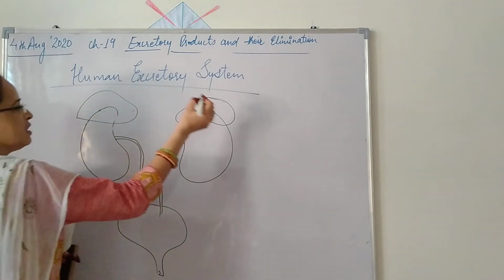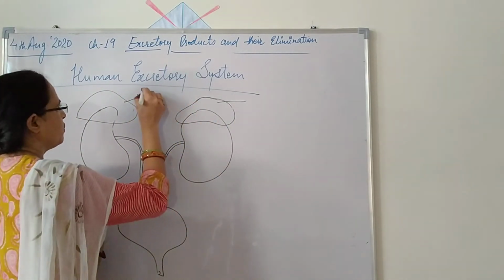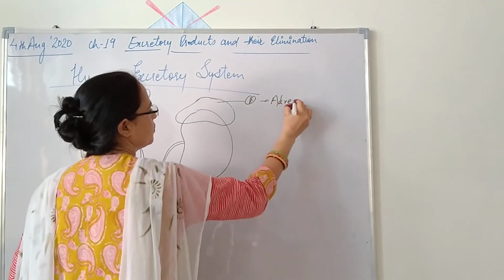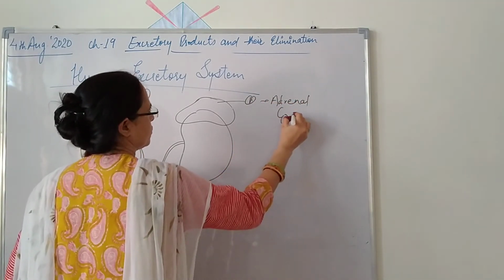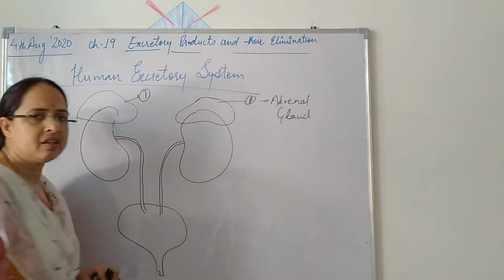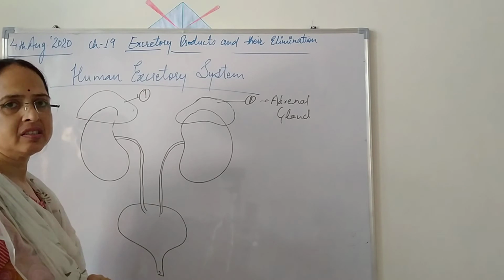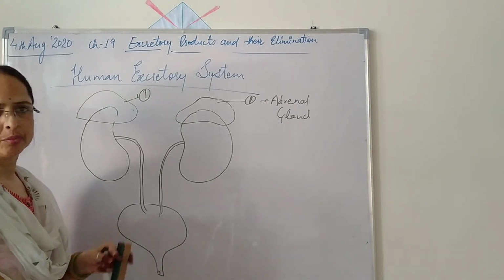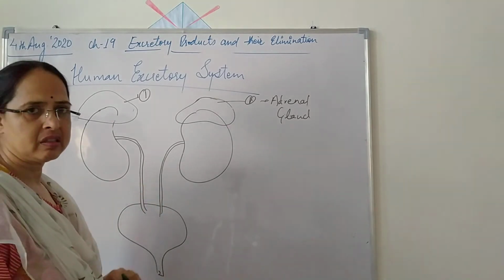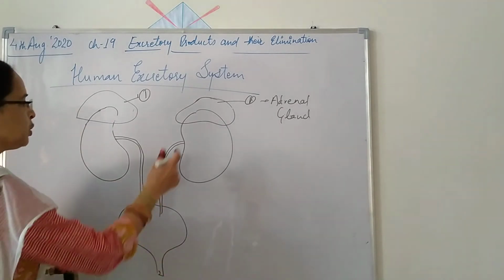Now these two are number one. These are the adrenal glands. The adrenal gland is made for secretion of the hormones adrenaline and noradrenaline. This we'll discuss in the next chapter, neural control.